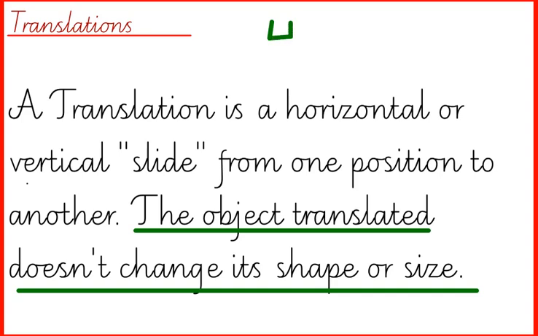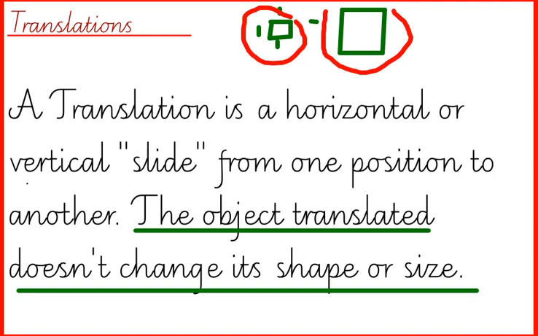We can have a square where each side is 1 centimeter, and then on that same Cartesian plane there is another square that is slightly bigger. Let me just circle it. This square here is not translated to that one because those are two different sizes.